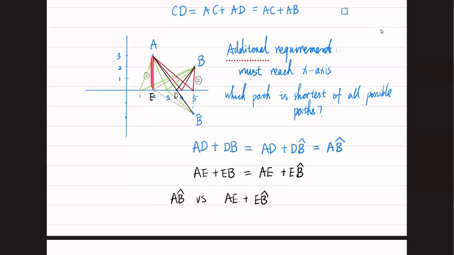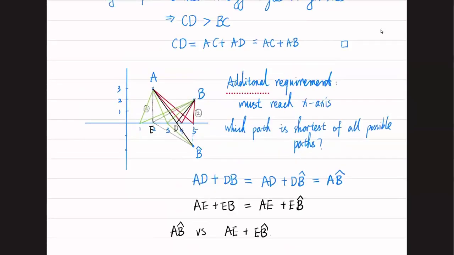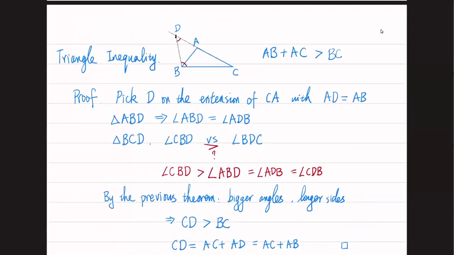If we look at this triangle, the summation of the two sides is longer than the third side. This is the third side, this is the summation of the two sides. It's our previous theorem, the triangle inequality. For whatever triangle we have, the summation of two sides is always bigger than the third side.